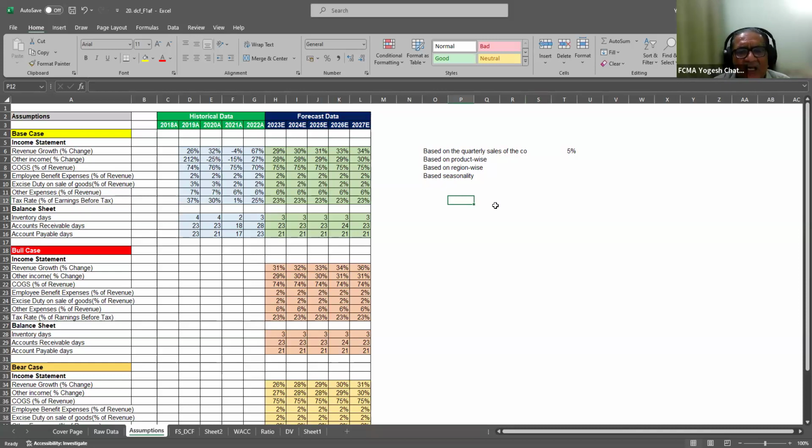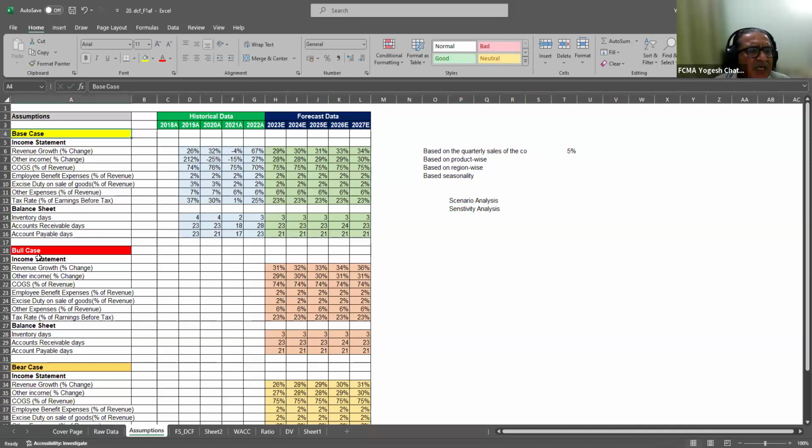So making use of scenario analysis and sensitivity analysis is very vital in valuation.